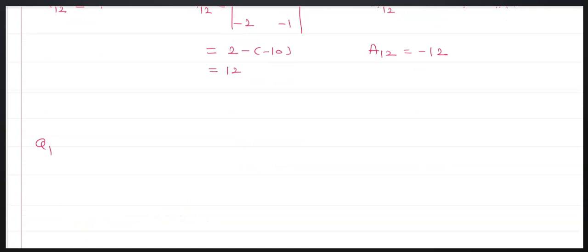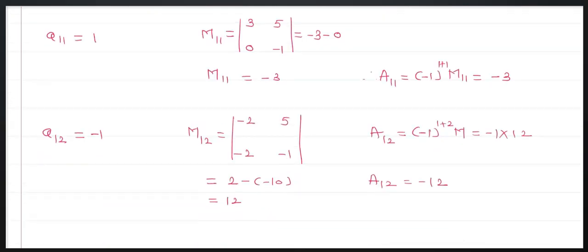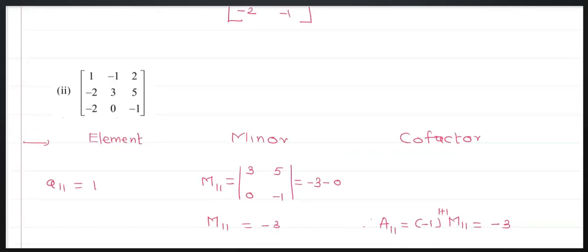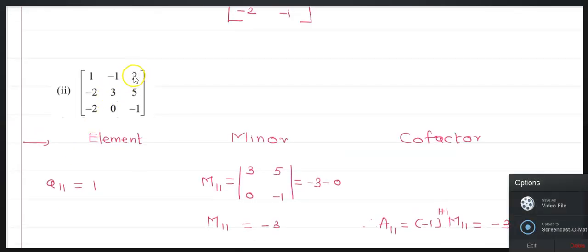Next is A13. Let's see this again. A13 is 2. Now M13: this is the element 2. See this horizontally and in downward direction. Then which elements are present?